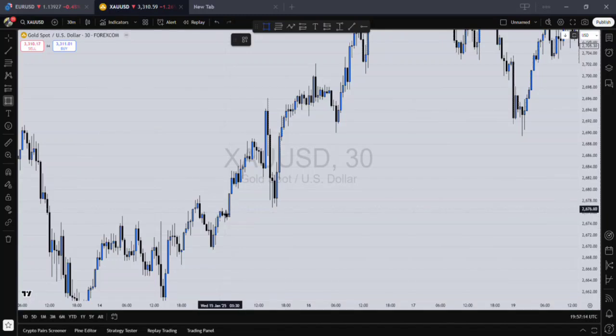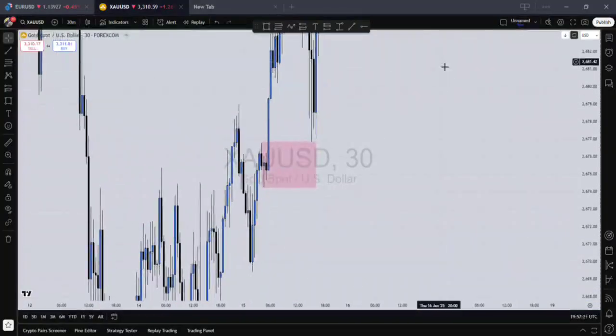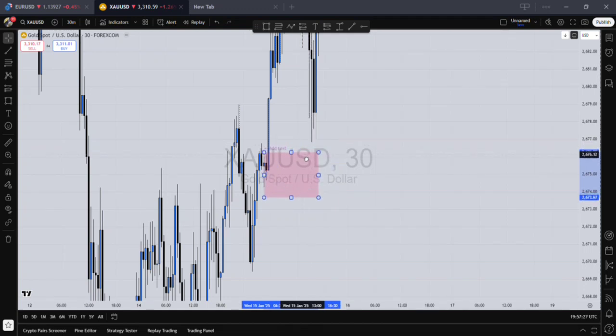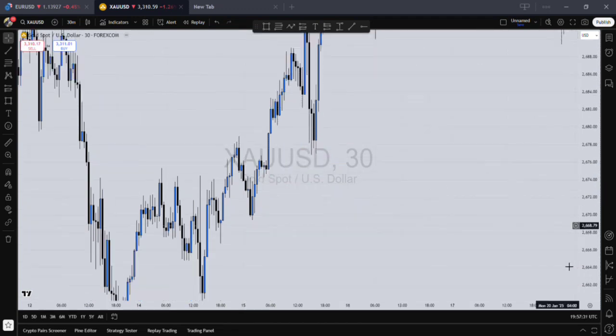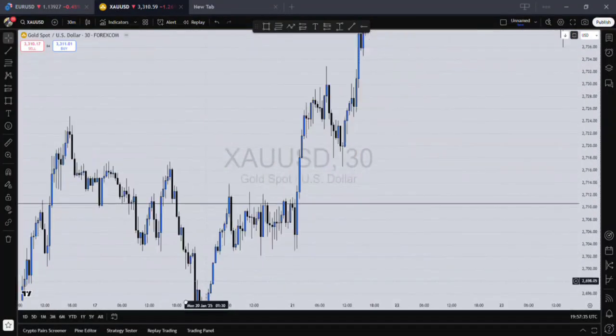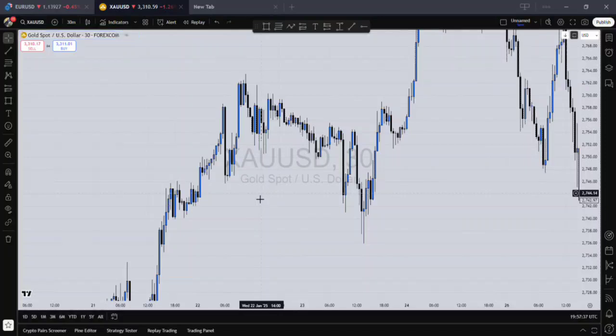It is always when price has started the trend. I think price used the fair value gap here, not the other block. The other block should be from here. Use the fair value gap for continuation. That's a 30-minute fair value gap plus inducement.